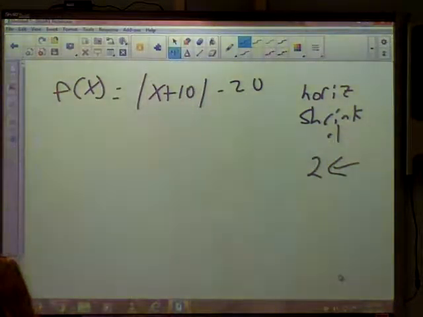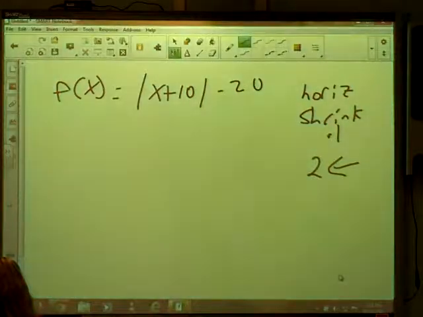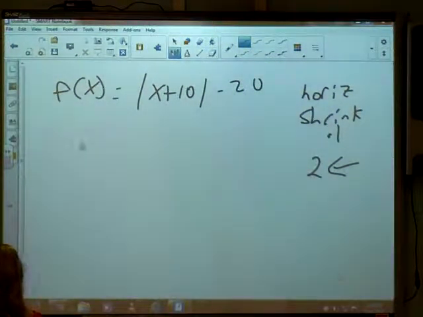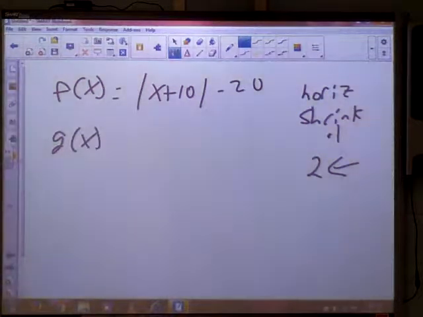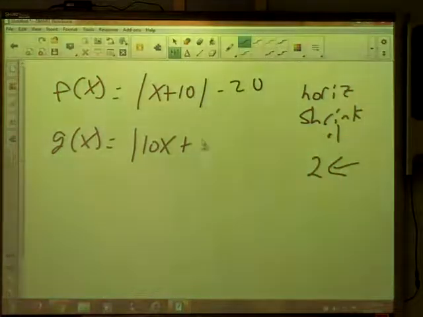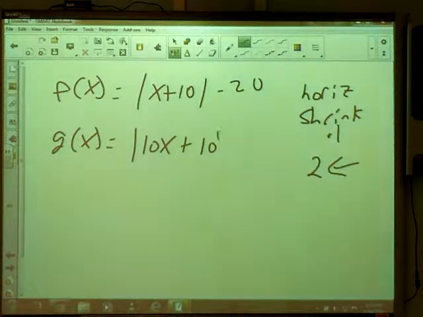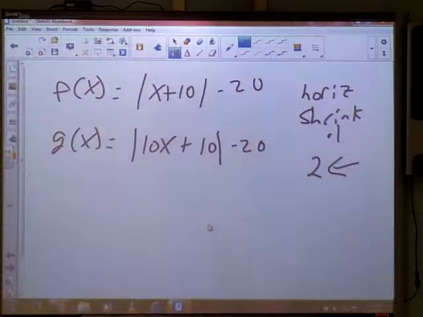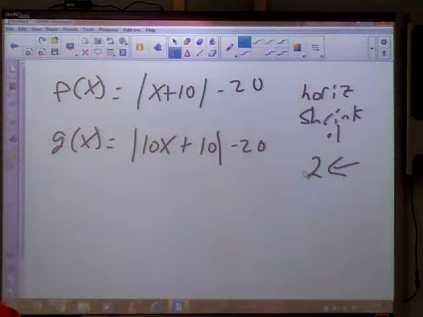Alright, so I'm going to take that 10. I'm going to put it just with the variable. That was my step 1, and I kind of guided you there pretty good, so everybody should have that. Now, I had somebody before lunch also put that 10 in the back. Don't do that. It goes just to the variable, right? Okay, so we're good on the horizontal shrink. Now, what about a left 2?